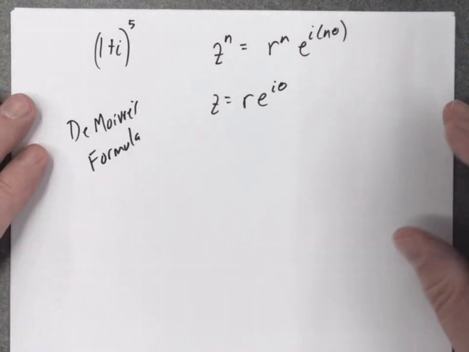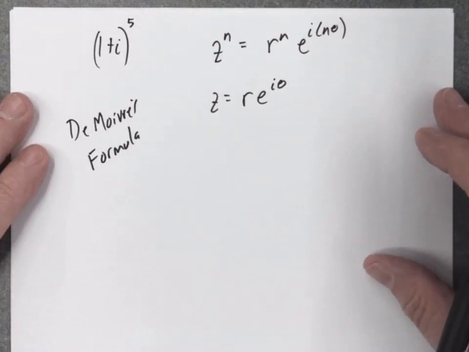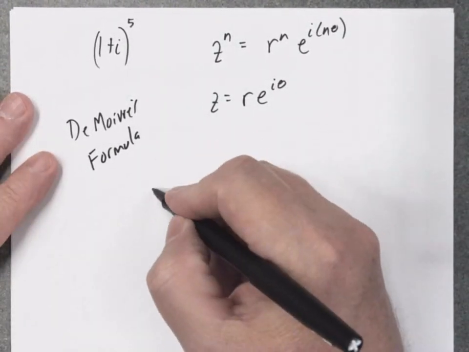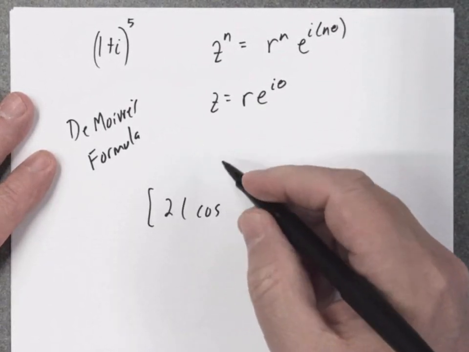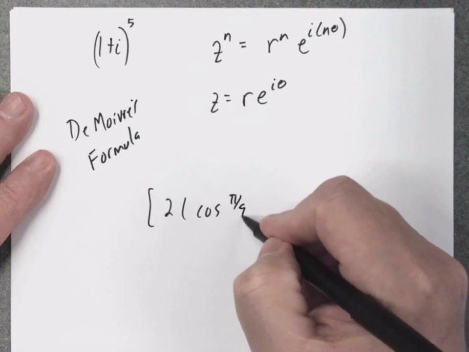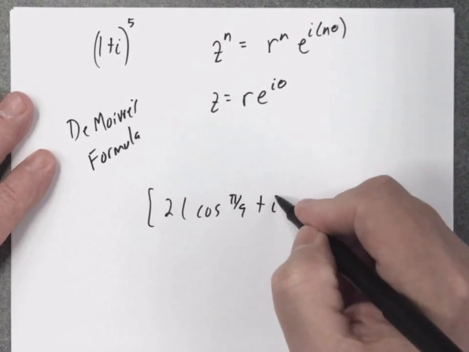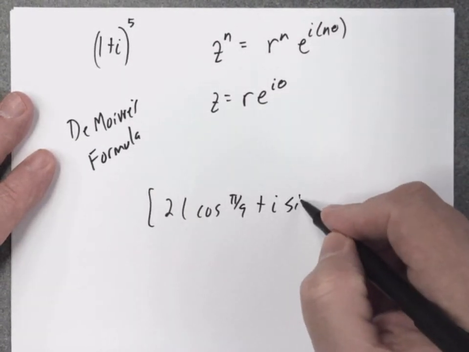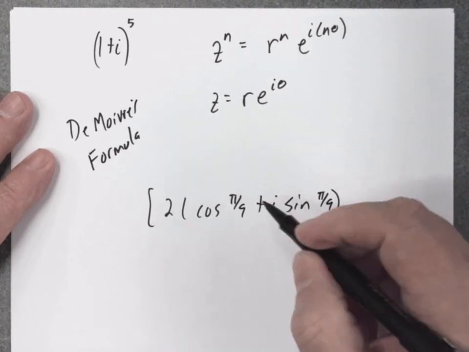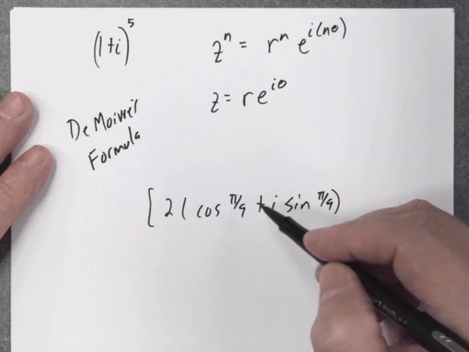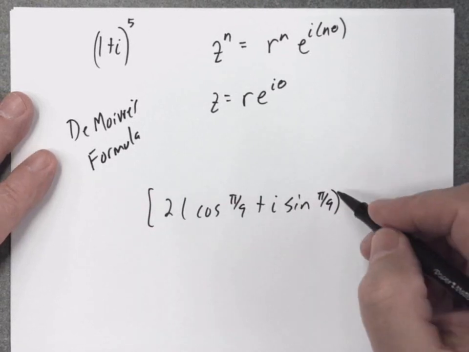let's take a step back and look at a problem where we're actually given a complex number in polar form. So 2 times cosine pi over 9 plus i times sine pi over 9.